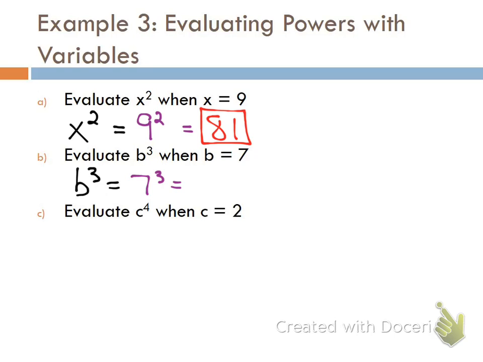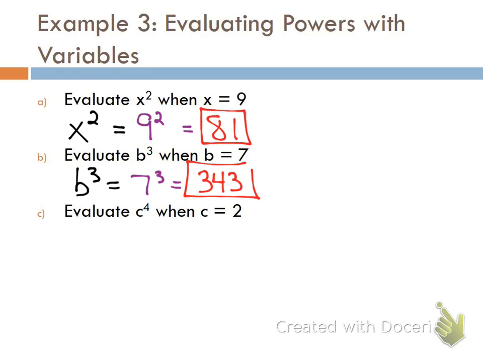Nope. 343. Why is my answer not 21? Loza? Very good. The exponent tells me how many times I multiply the number by itself. It's not 7 times 3, but 7 times 7 times 7.